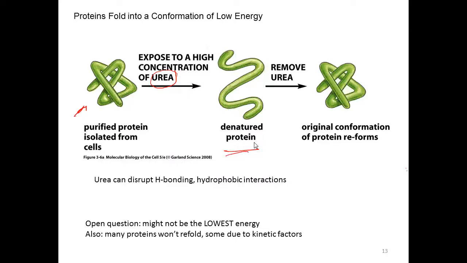So it unfolds the proteins because you don't have either the hydrophobic forces or the hydrogen bonding to cause the structure. And so then we're going to dialyze away the urea, removing it, and so it's back to its normal buffer. And for many proteins, not all of them, but many, the protein refolds back into its originally native state.